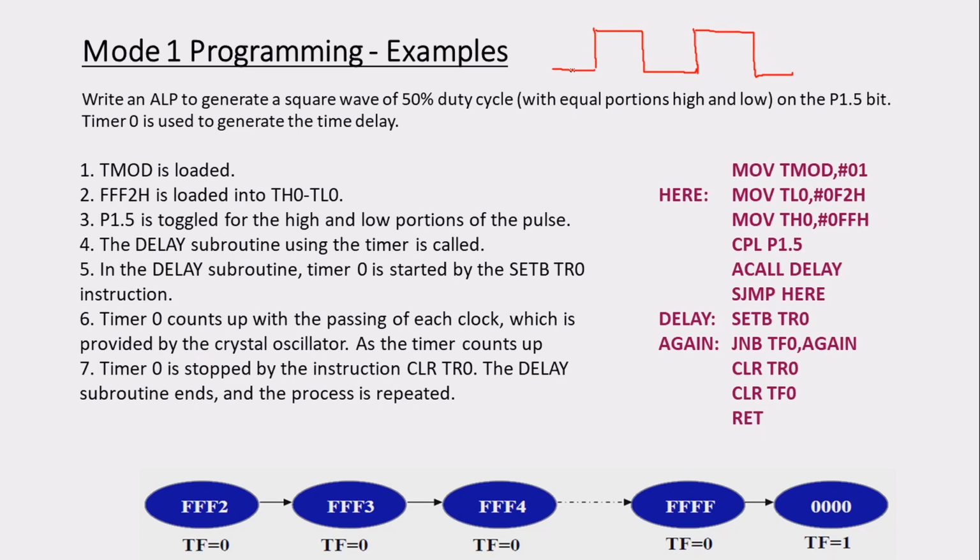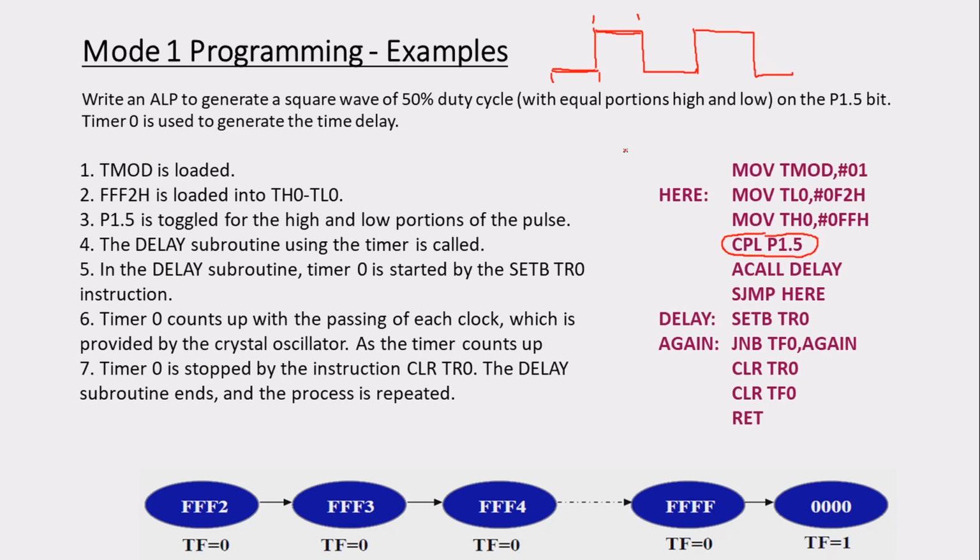For half of the cycle it is going to be 0, and for the other half of the cycle it is going to be 1. So this much part it is going to be 0, and this much part it is going to be 1. That is why we are using this complement form over here.